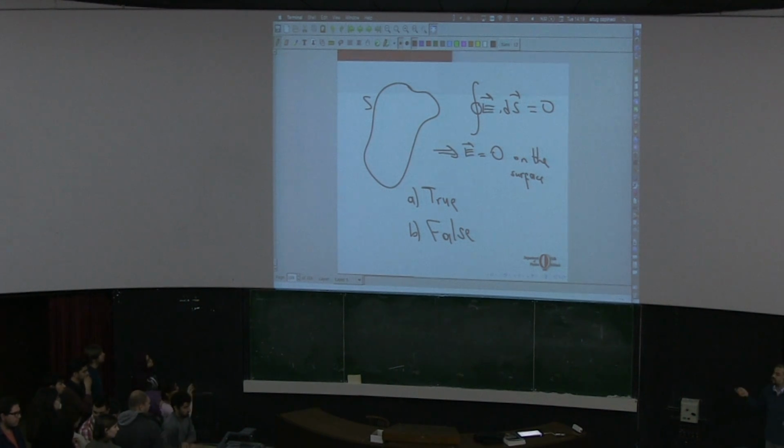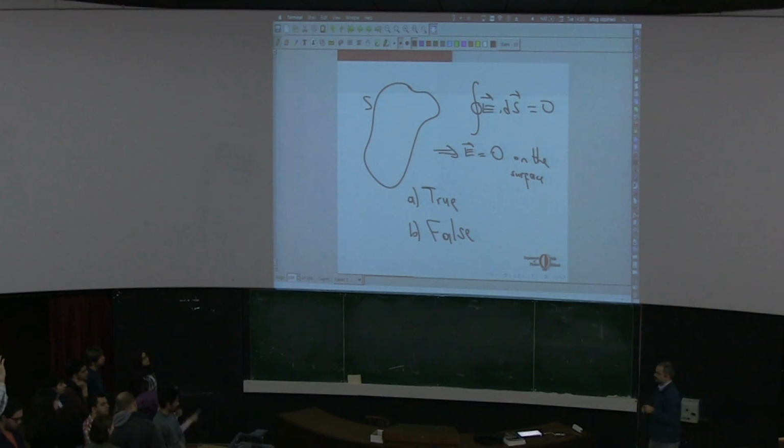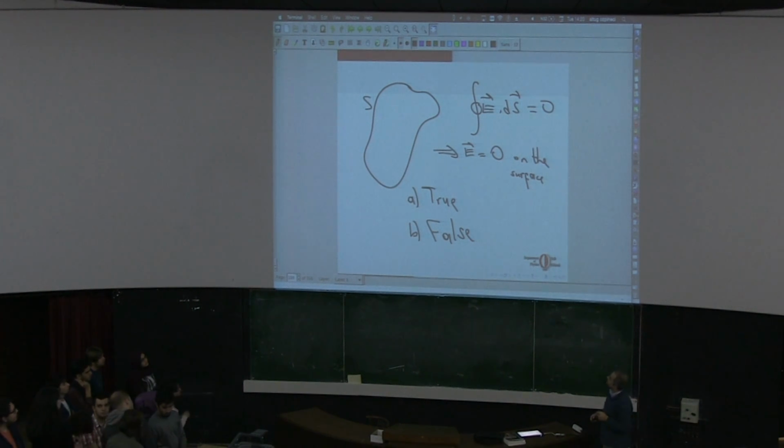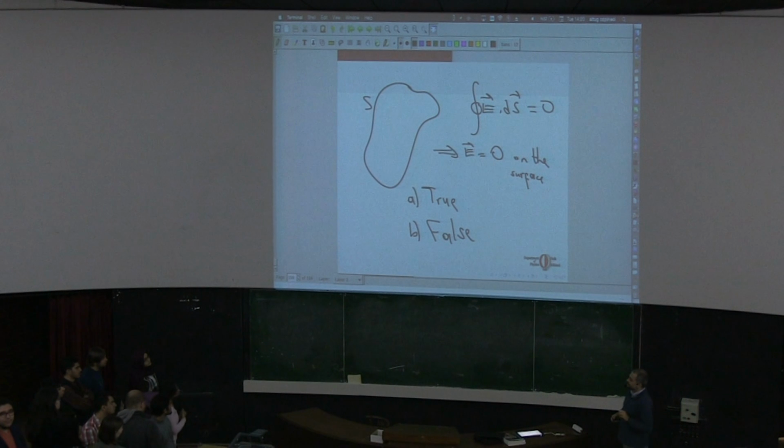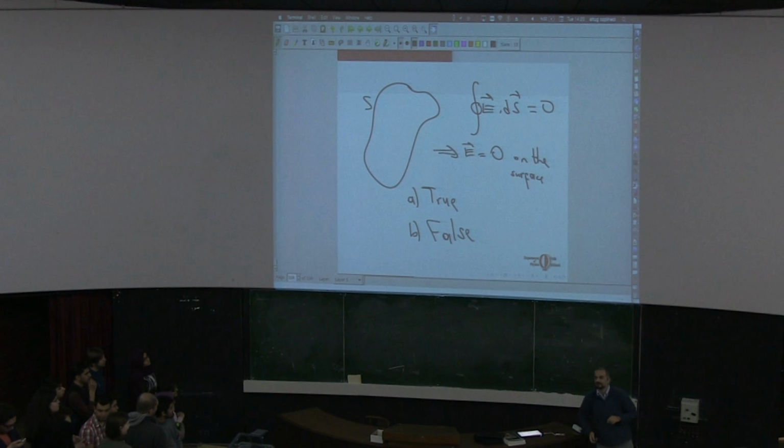We might have a net charge outside, although E dot ds on the surface is 0. Well, this vector is perpendicular to the surface. So, okay, stick with the first one.